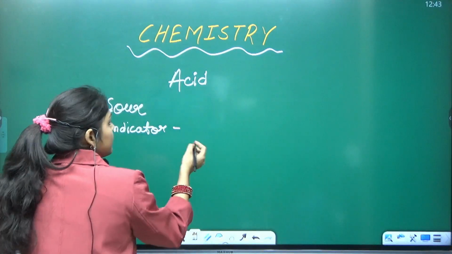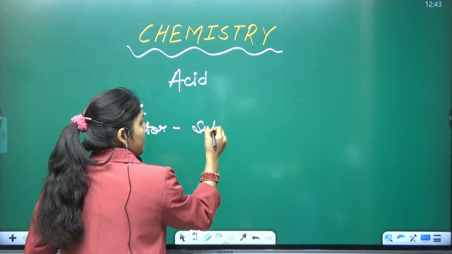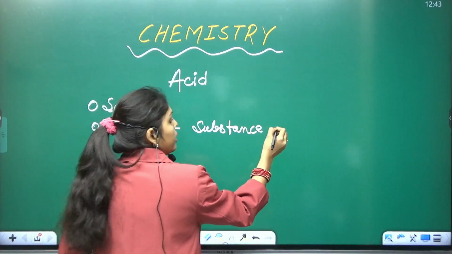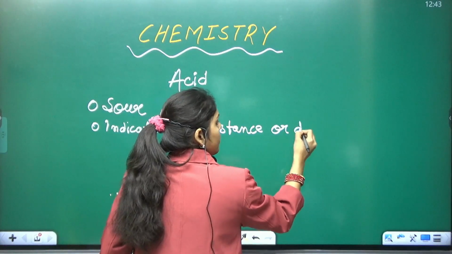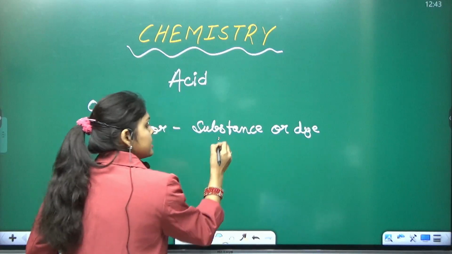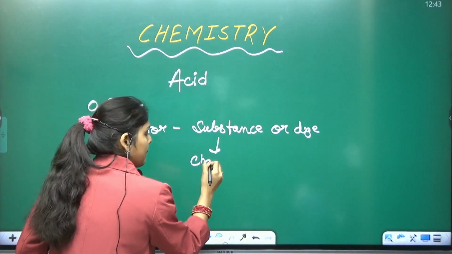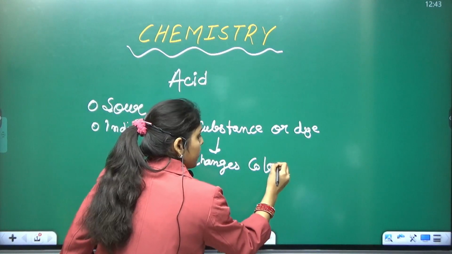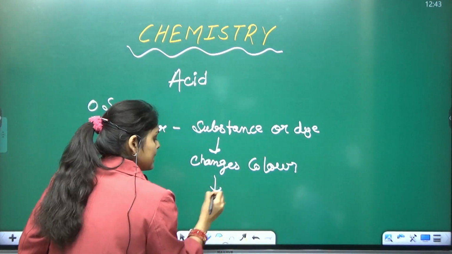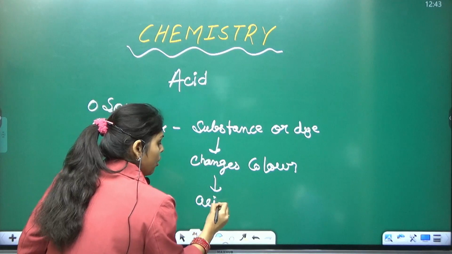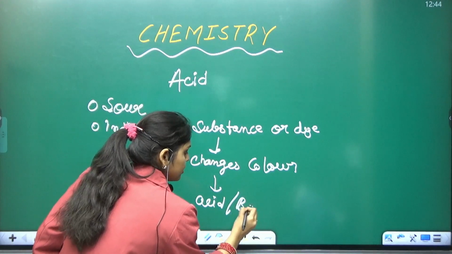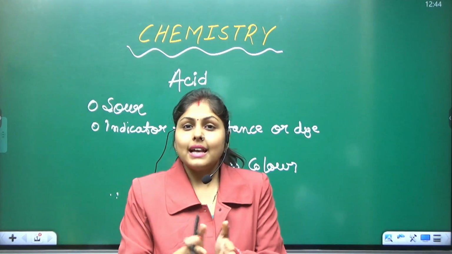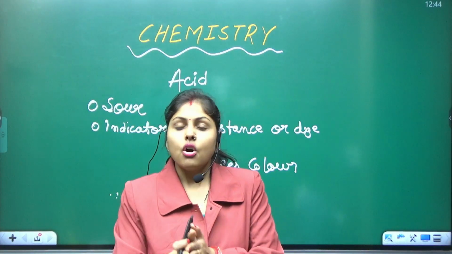So we are writing here: substance or dye, changes color on adding acid or bases. We can say that indicators tell us whether a substance is acid or base.